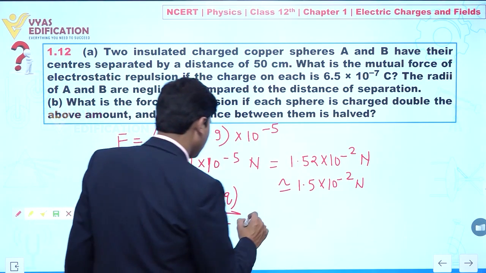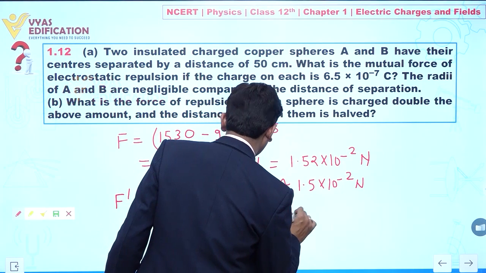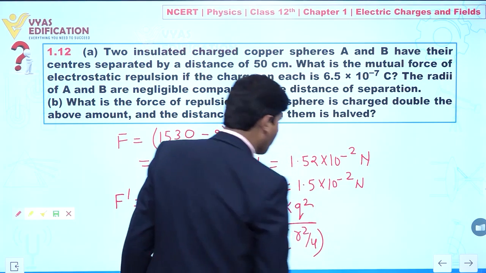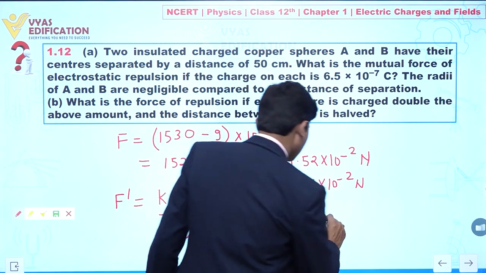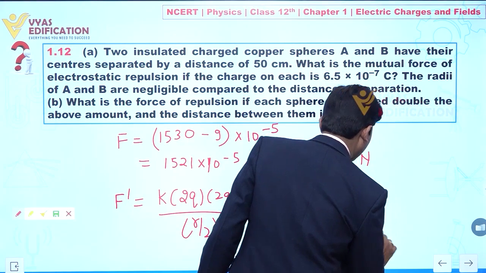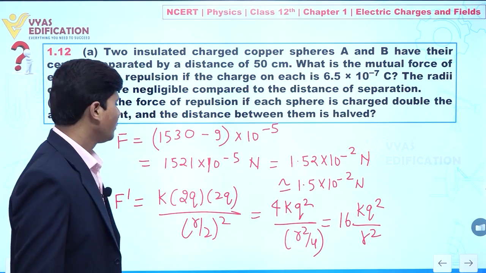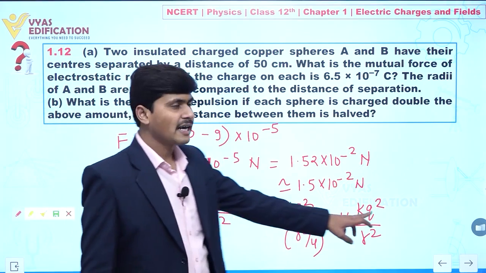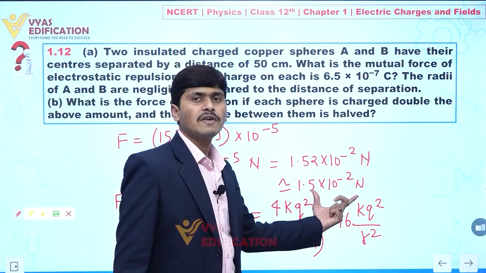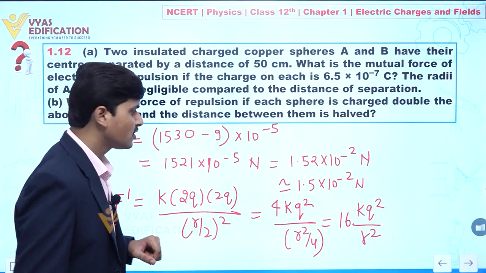So this is equal to 4KQ square divided by R square by 4, so this is 16KQ square divided by R square. KQ square upon R square is the electrostatic repulsive force, and this is equal to 1.5 into 10 to the power minus 2 Newton.